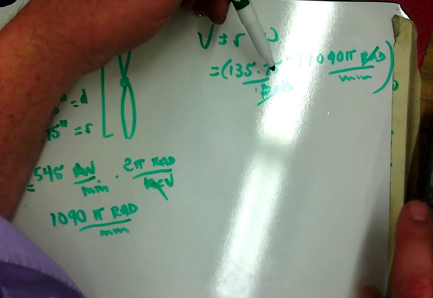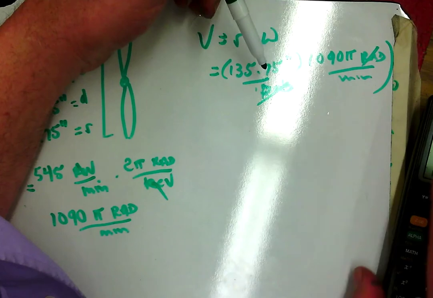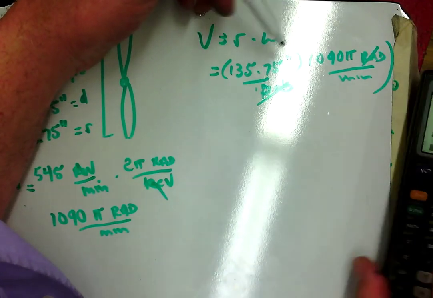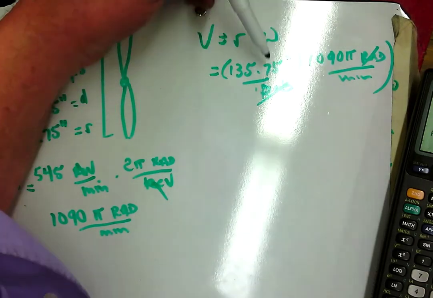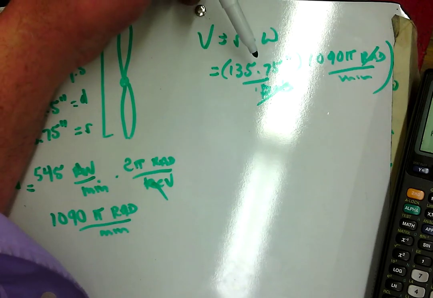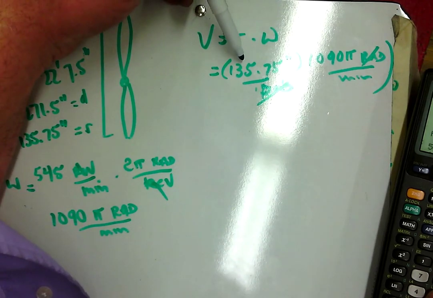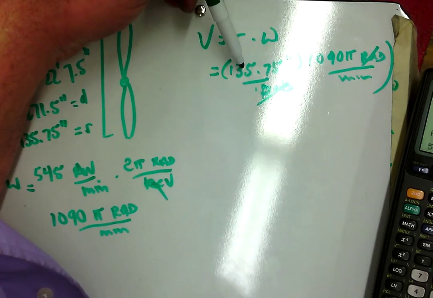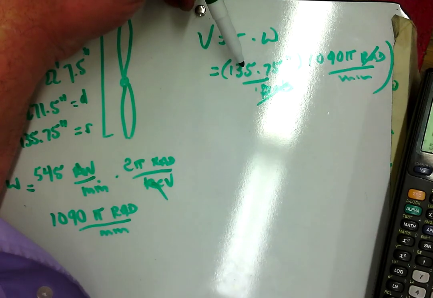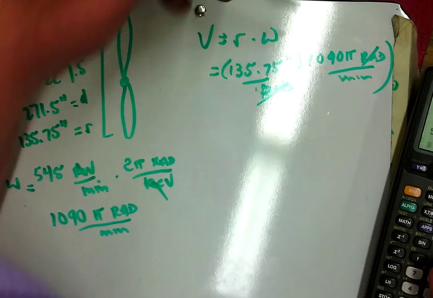But the directions say how fast in miles per hour. Oh no! So I'm going to get this inches per minute thing, and I'm going to have to convert to miles per hour. All right, well, let's find out what 545 times 2 pi times 135.75 is. Wow, that's a big number.